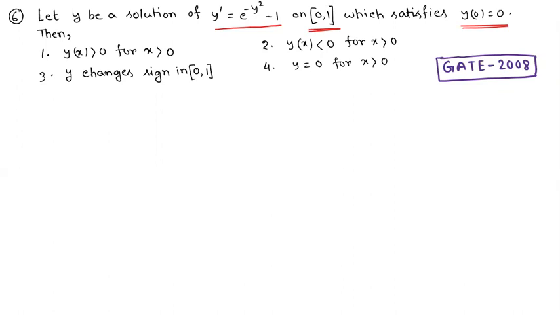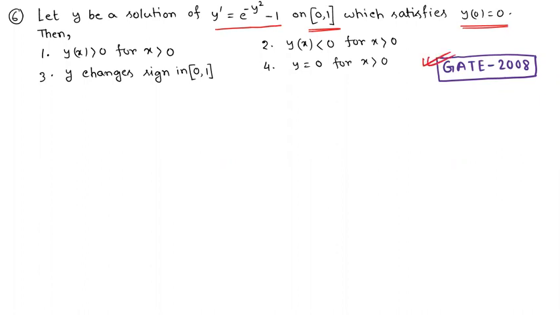Then four options are given: y(x) will be positive when x is positive, y(x) will be negative when x is positive, and y equals 0 when x is greater than 0. This question has been asked in GATE 2008.